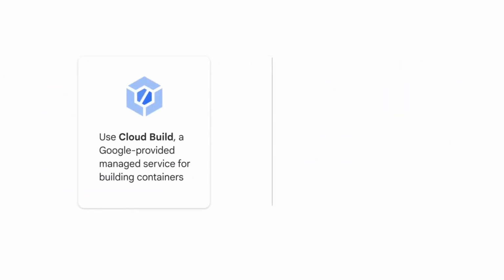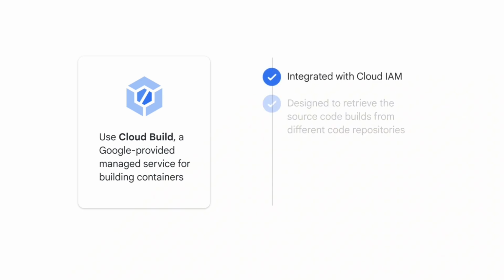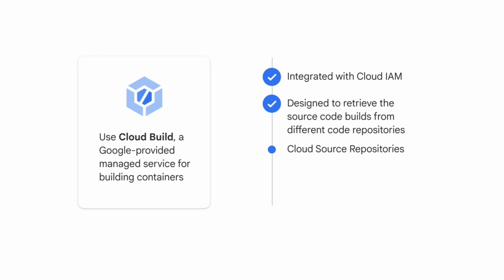Google provides a managed service for building containers called Cloud Build. Cloud Build is integrated with Cloud IAM and was designed to retrieve the source code builds from different code repositories, including Cloud Source Repositories or Git-compatible repositories like GitHub and Bitbucket. To generate a build with Cloud Build, you must define a series of steps.